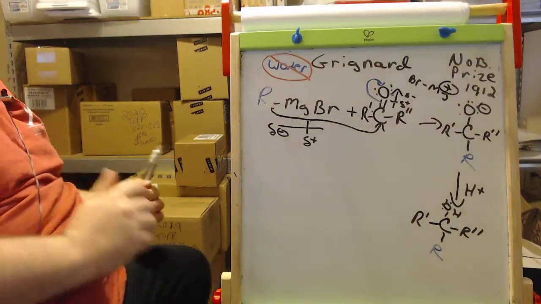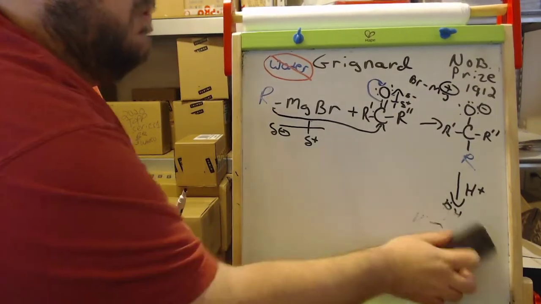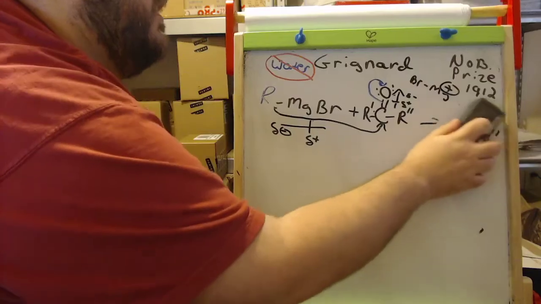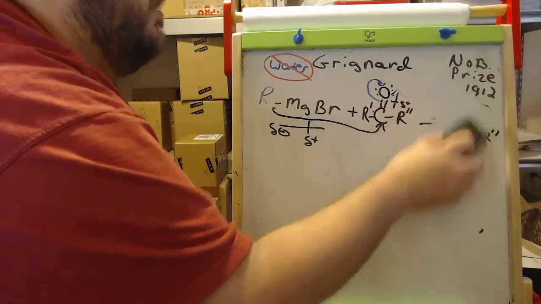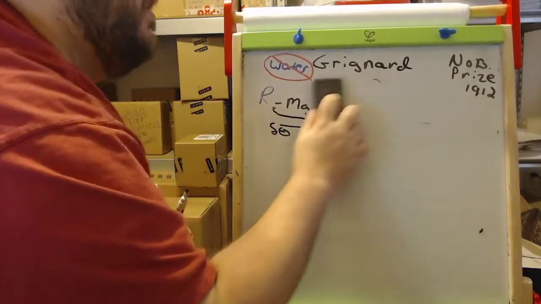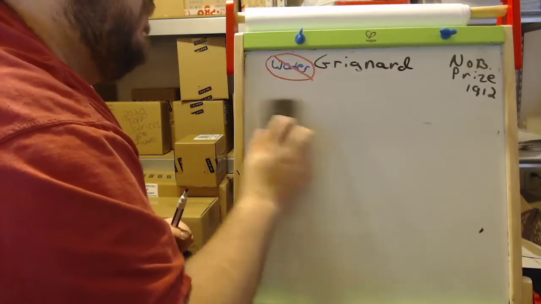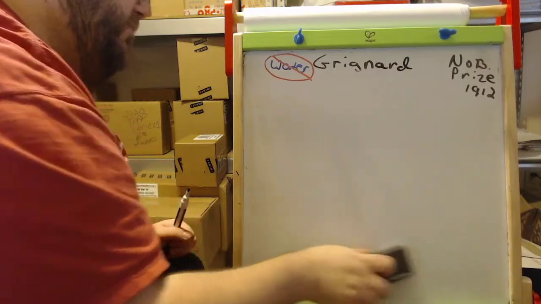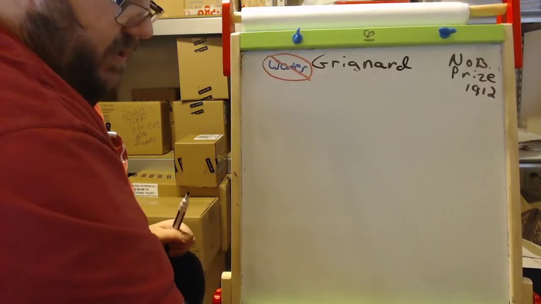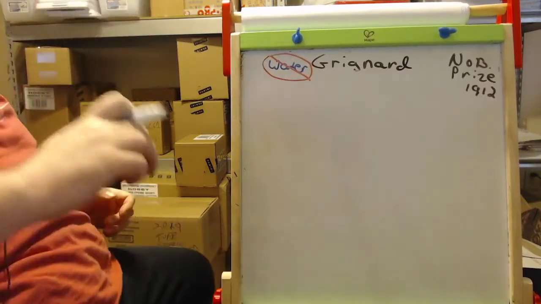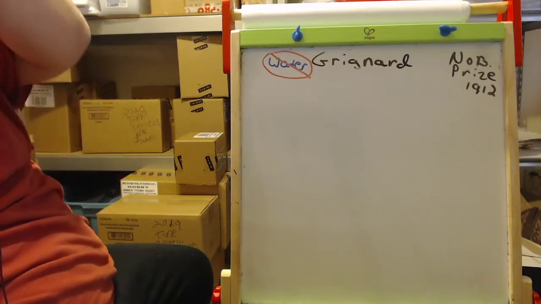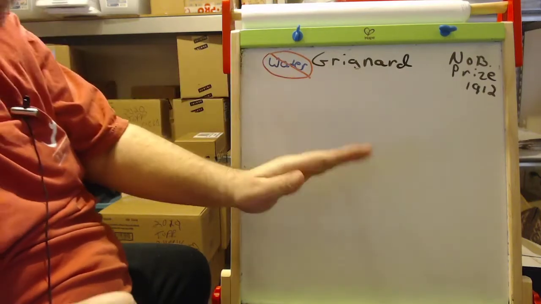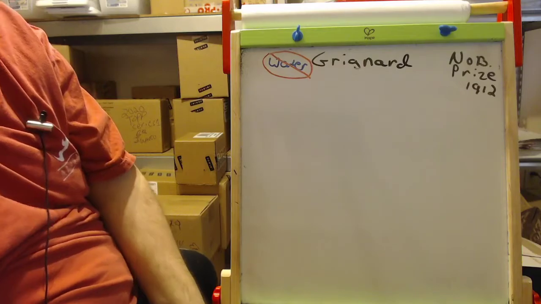Now, what about an ester? Well, an ester is a very interesting compound to see in reaction with a Grignard reagent. Wait till you see this. It's pretty cool. You can actually increase the carbon chain by 2 Grignard carbons.